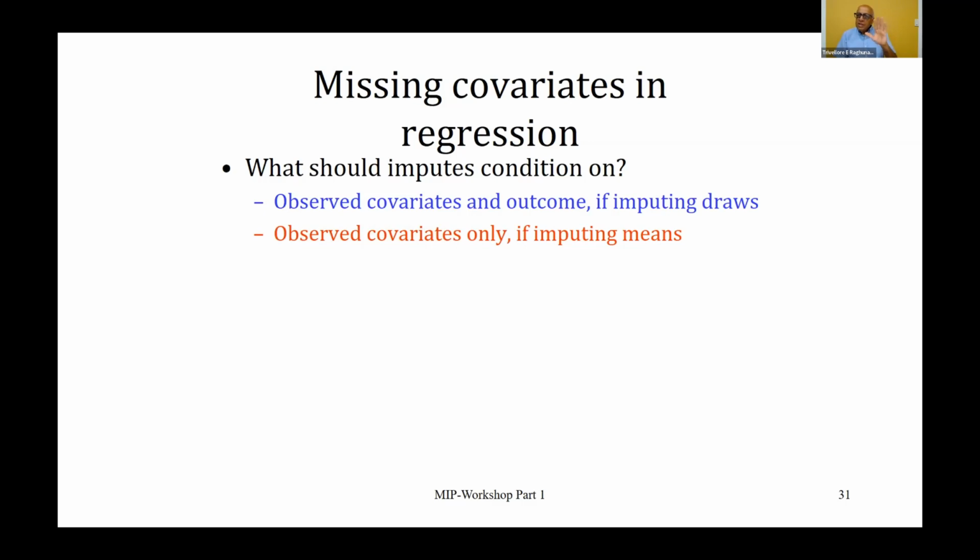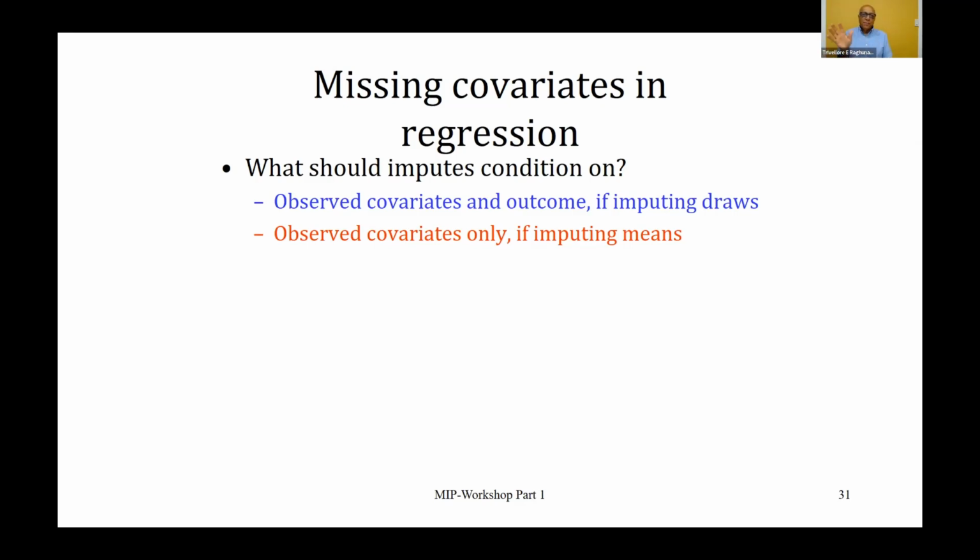Now, sometimes you are not interested in the standard errors. There are some situations where you are only interested in getting the estimates right. In that case, imputing draws may not be that important, since I'm not even computing standard errors, just the estimates.